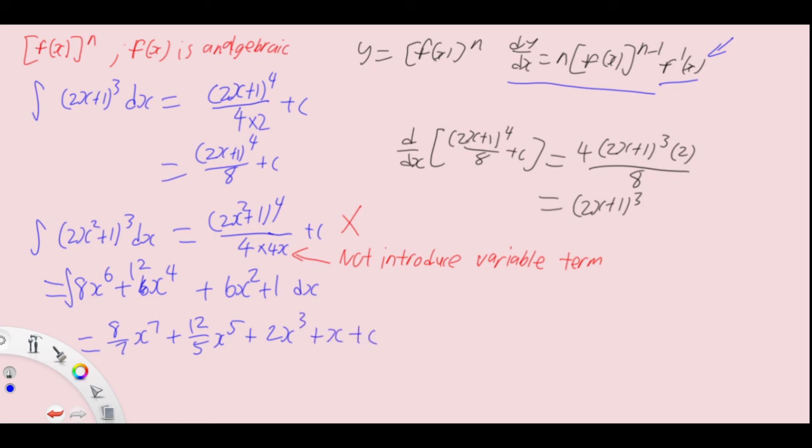Okay. So in short, if f(x) is a linear algebraic expression, then f(x) is of the form kx + h, so basically x to the power of 1.